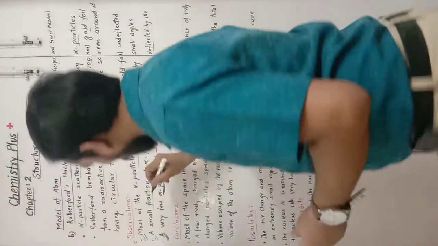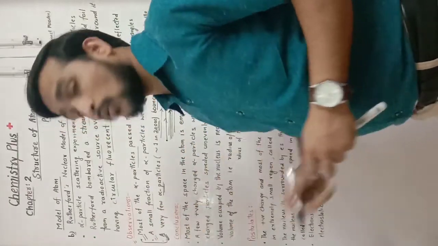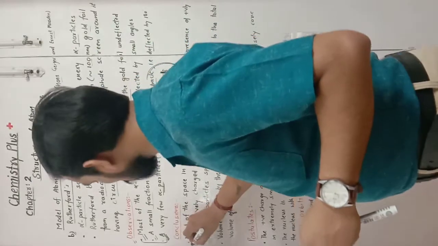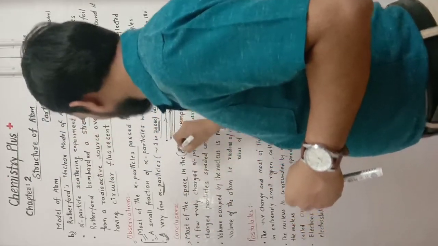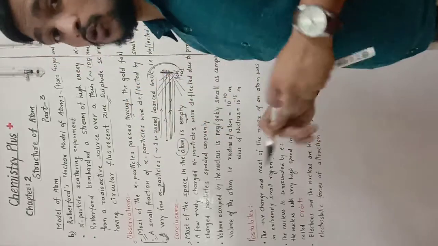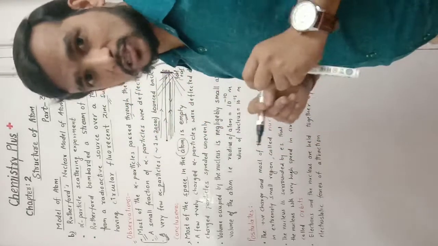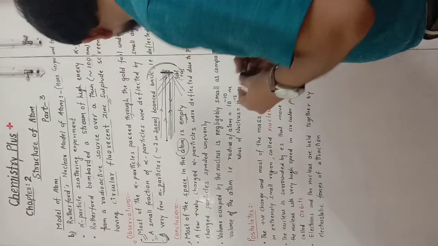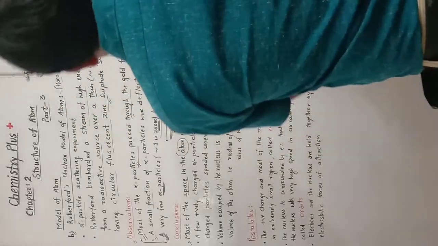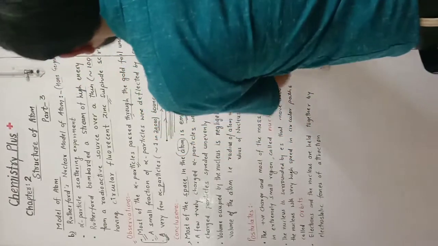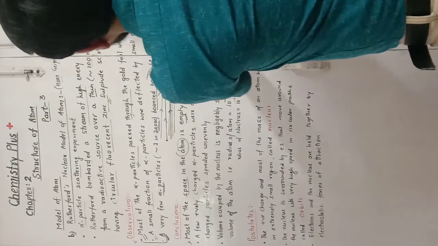So according to these three observations, what did he conclude? Rutherford concluded that most of the space in the atom is empty, through which the alpha particles pass without showing any deflection. For example, if we take an atom, wait a minute, I'm just clearing the space.